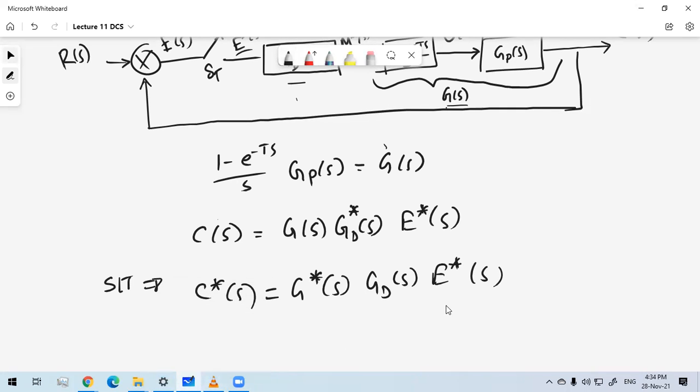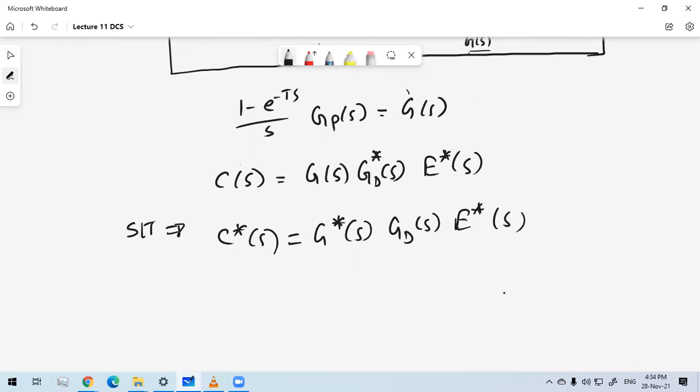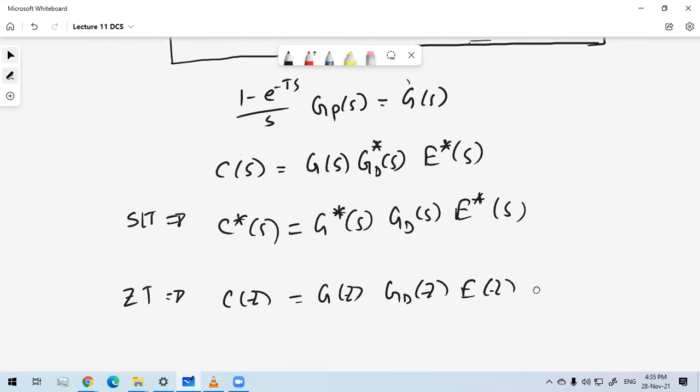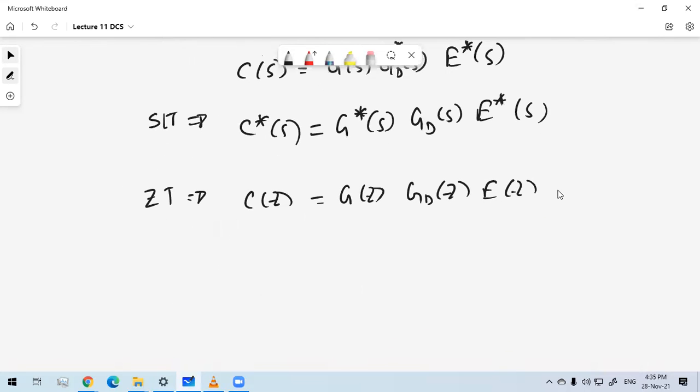And now we just take the Z transformation, and that will give you C(z) equal to G(z), GD(z), and E(z). So we know that the final output relationship that you're looking for is basically a relation between C(s) and R(s). For that, you can easily use the fact that E(z) will be equal to R(z) minus C(z).